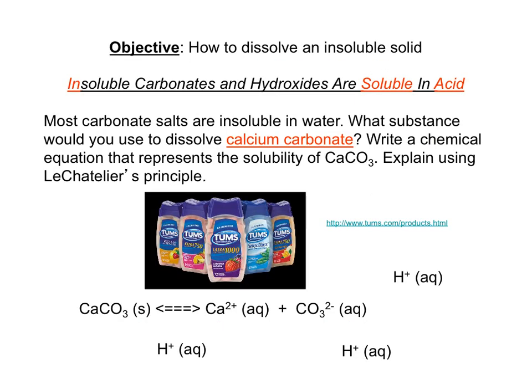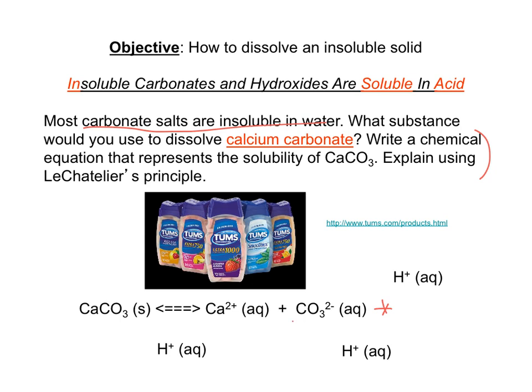A look at a solubility rules table will tell us that most carbonate salts, including calcium carbonate, are insoluble in water. What substance could we use to dissolve calcium carbonate? So stop the video and answer these 2 questions. Here are the answers. This equation represents the solubility of calcium carbonate in water.